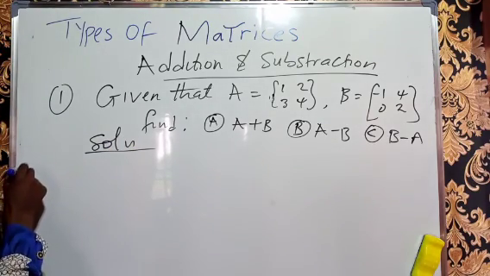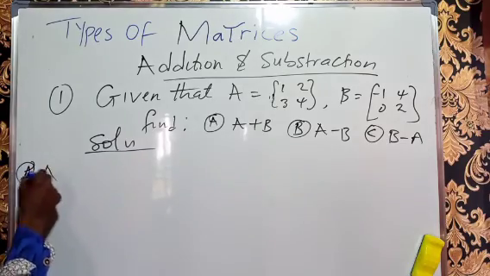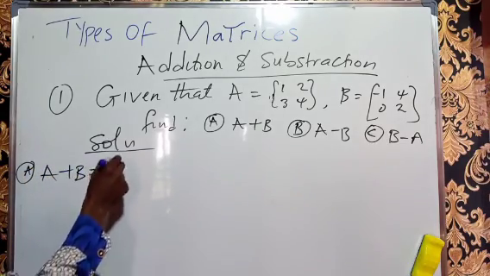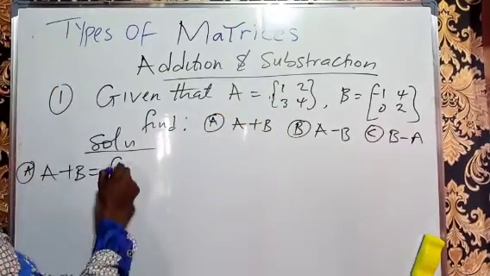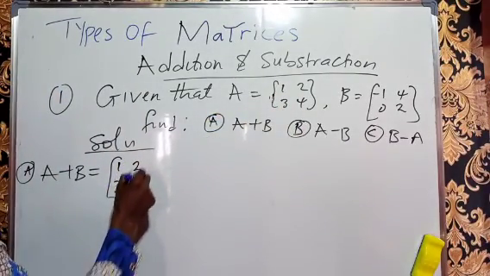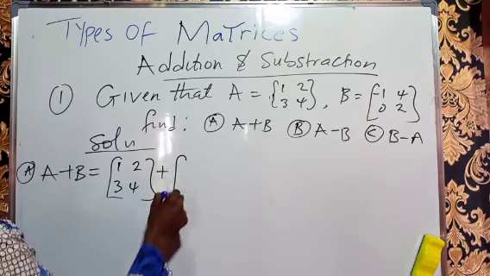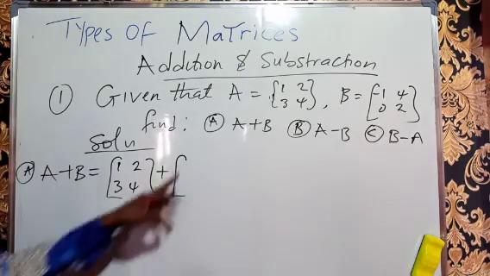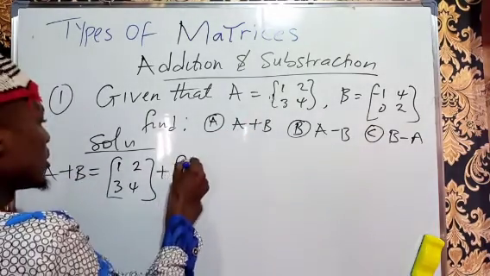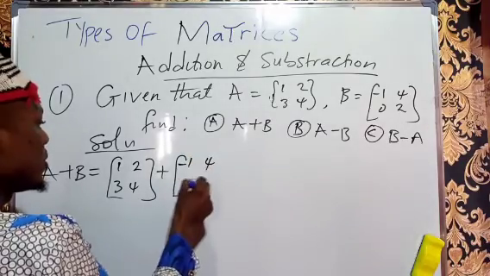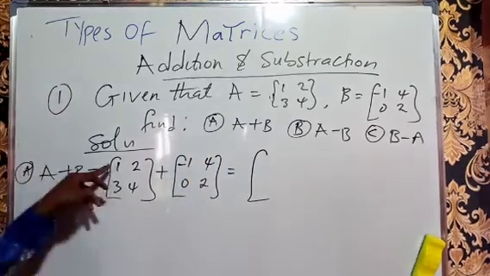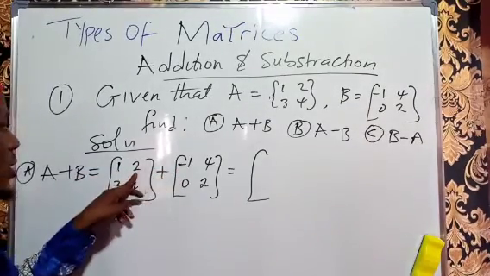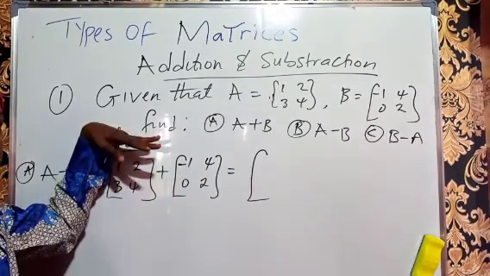For number (a), here we have A plus B. The matrix A is 1, 2, 3, 4, plus the matrix B, which is minus 1, 4, 0, and 2. Now look at the way you add. You add the first and the first, second and the second under the first row.